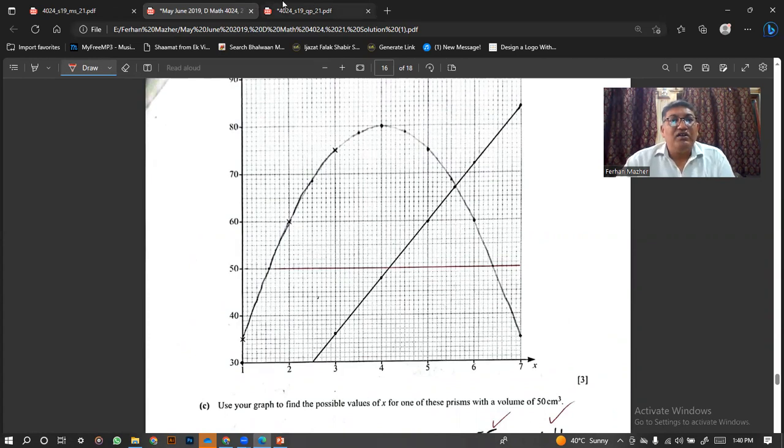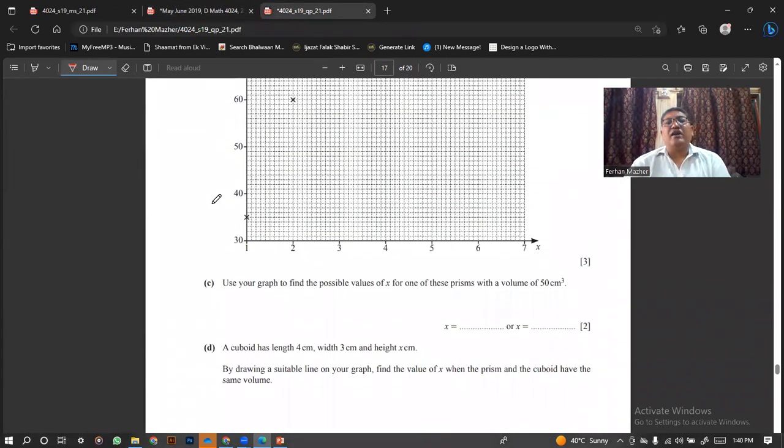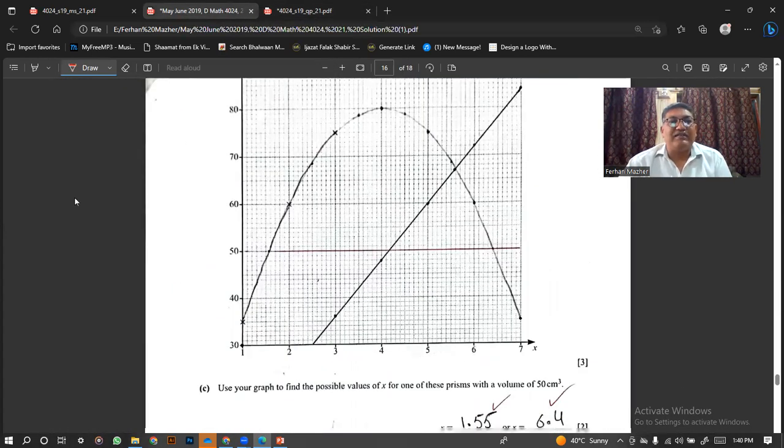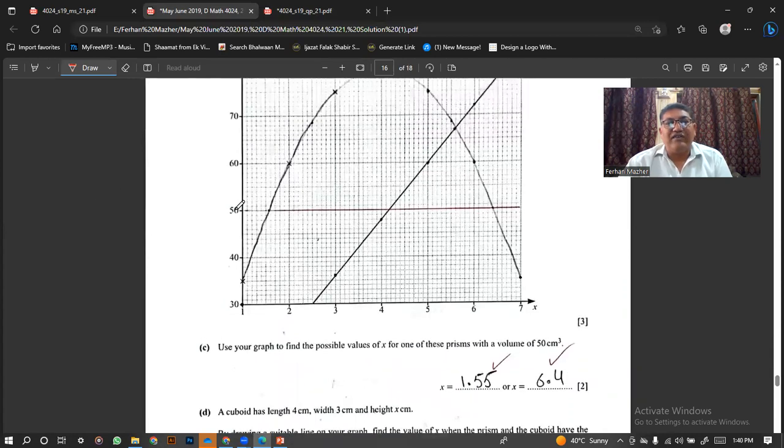So the question is, use your graph to find the possible values of x for one of these prisms with a volume of 50. From 50, I will draw a horizontal line, and I will check what the value of x is. For 50, I draw this line.